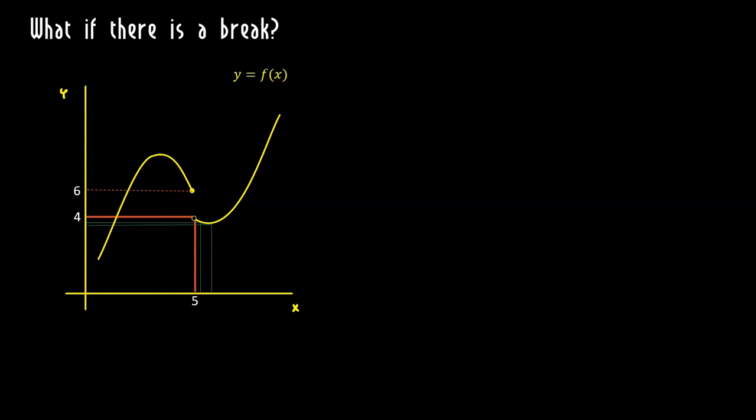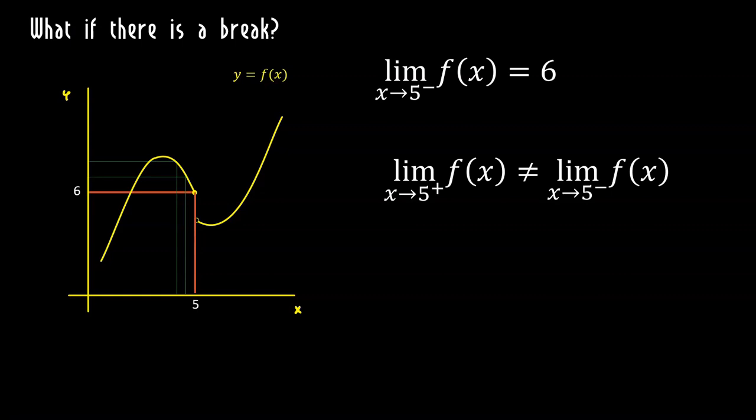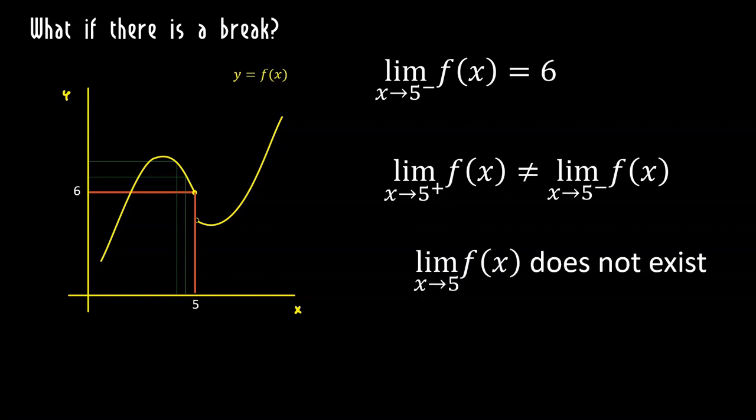I'm going to get closer and closer. It sure looks like, again, I'm approaching 4. Now, if we do it from the negative side, I'm getting closer and closer to 6. So the limit from the negative side is 6. The limit from the left and the limit from the right are not equal, which means the limit does not exist as x approaches 5.